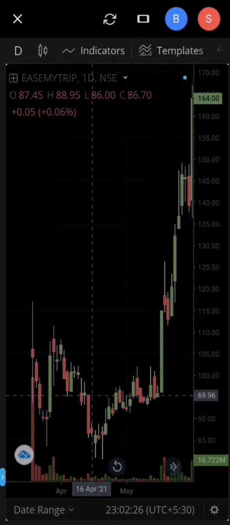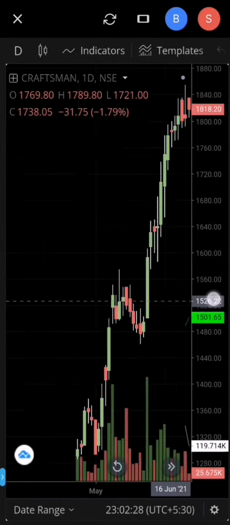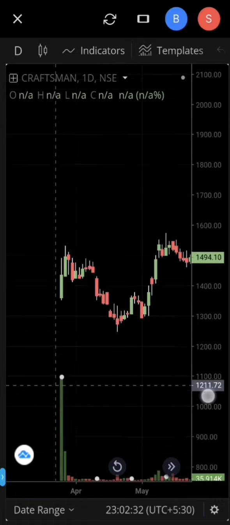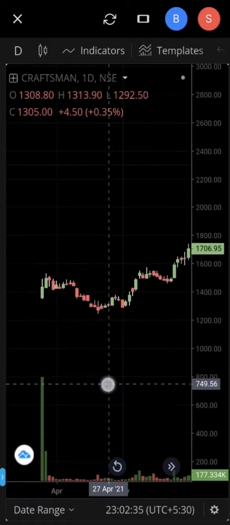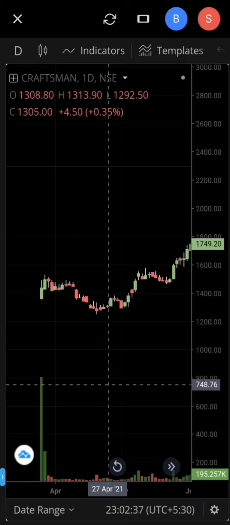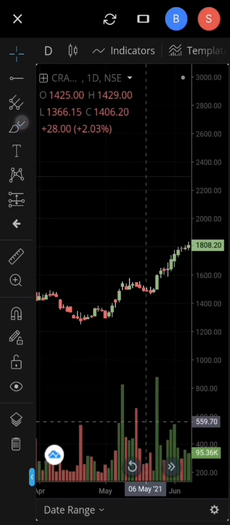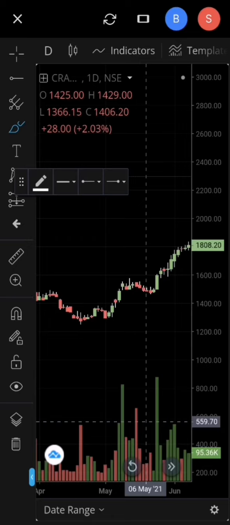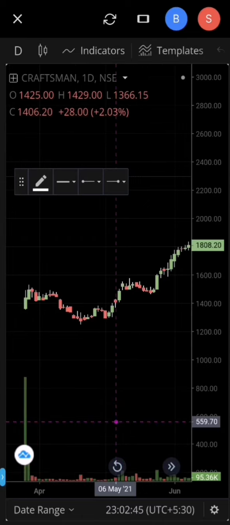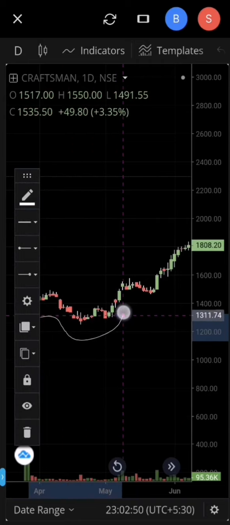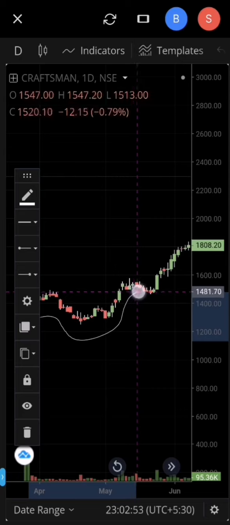So let's see Craftsman. If you look at Craftsman when it got listed, it went on to form an all-time high immediately. However, after making the all-time high, it started consolidating, and again it tried to reclaim its all-time high.